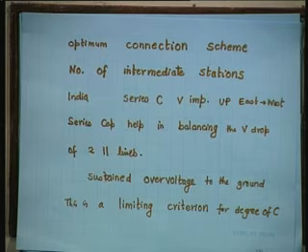Series capacitance helps in balancing the voltage drop of two parallel lines. Sustained overvoltage to the ground is a limiting criterion for the degree of capacitive compensation, how much compensation you can do.